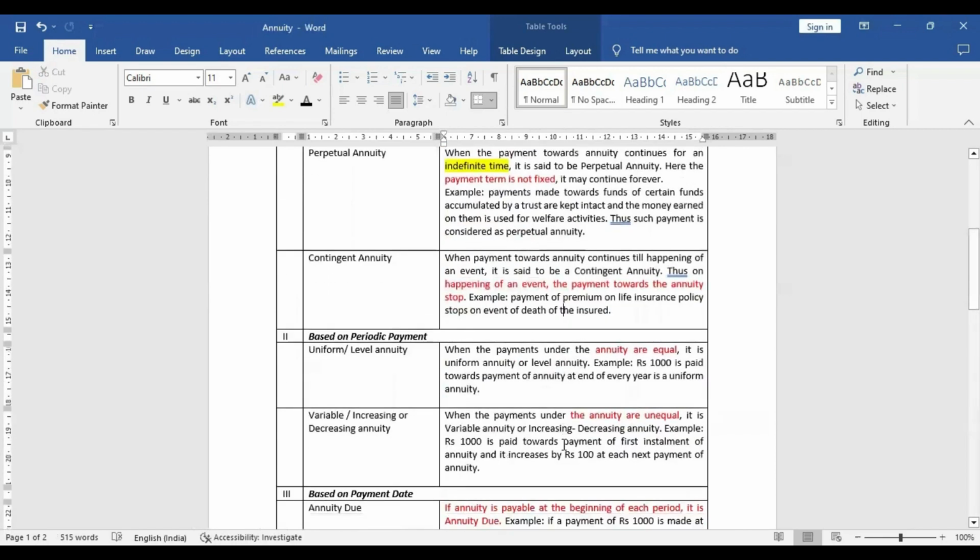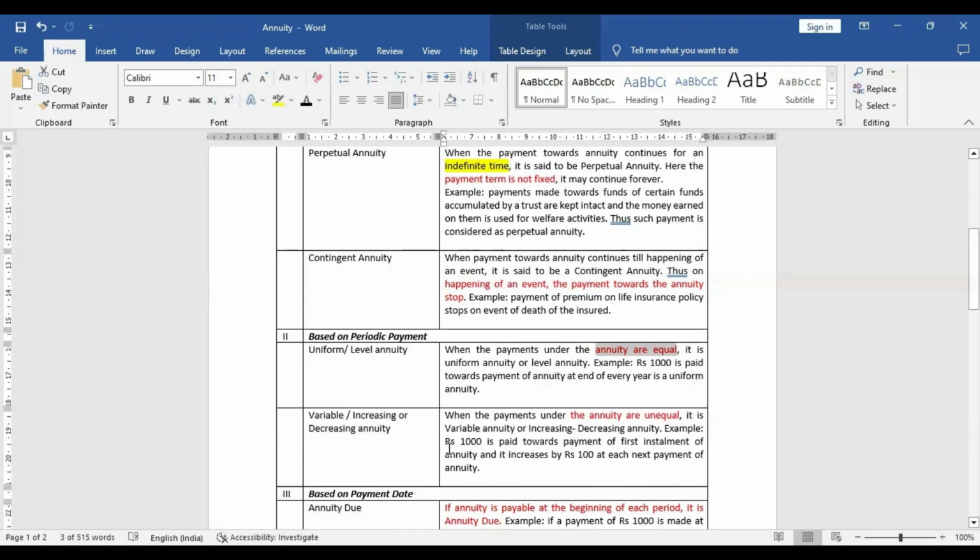Now, based on periodic payment, the first is uniform, where the amount remains equal. This is the basic concept about the annuity itself: if rupee 100 is there, then it will remain uniform at 100, or 1000, throughout the period.